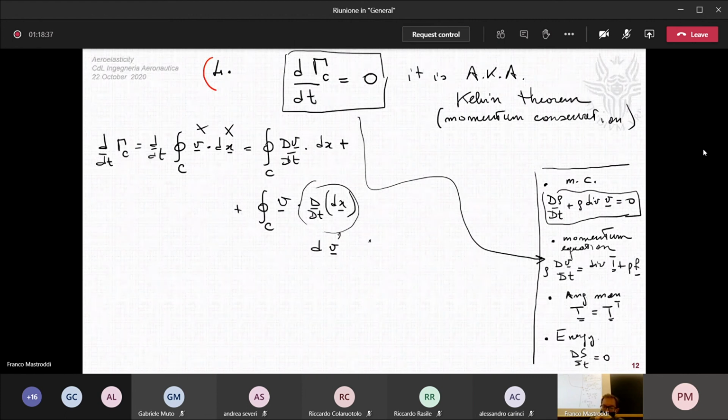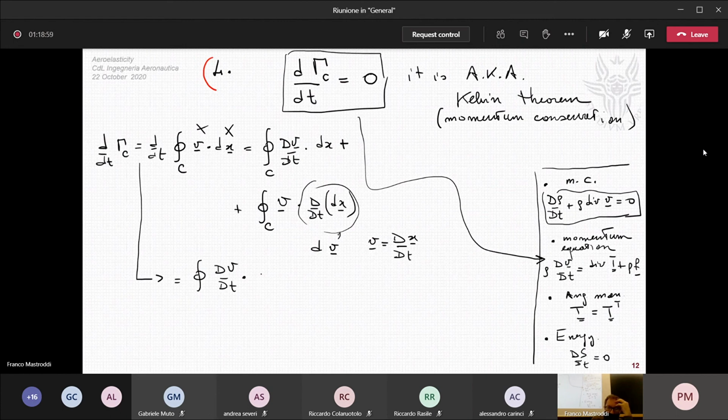Because by definition, the velocity is the substantial derivative, the absolute derivative, of the position. So this quantity is equal to the integral of dv/dt dot dx plus the integral of v dot dv.